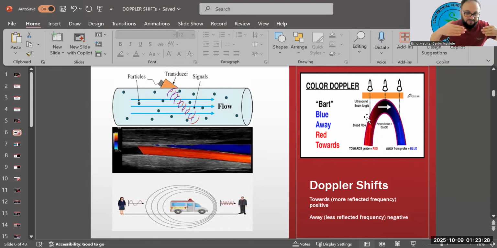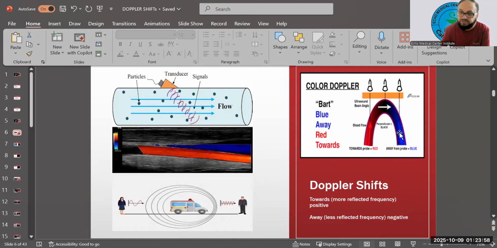They are facing each other, in completely opposite directions. The flow is going up, and the pulses from this probe are coming down. So they are completely opposite of each other. It means when they interact with each other, you get more reflection. If this probe is 10 megahertz, you will get 10.1 megahertz back in the reception.